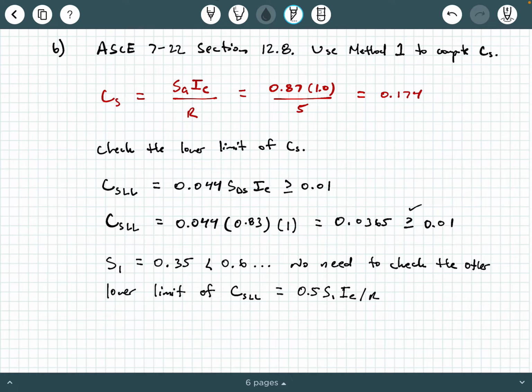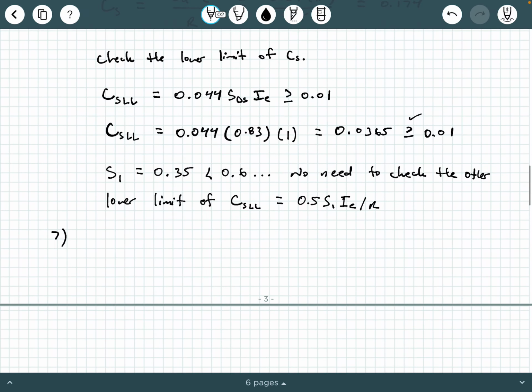So what do we do next? Well, now that we have C sub S and we've checked its lower limit, we're ready to compute the seismic base shear and the story forces, okay? So I'm going to do this step 7. The seismic base shear is going to be calculated as the following.